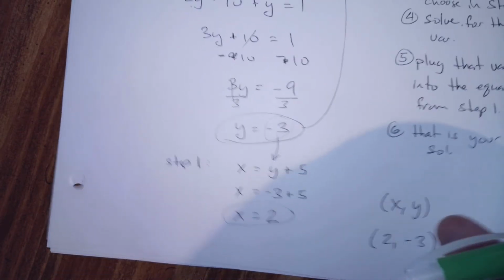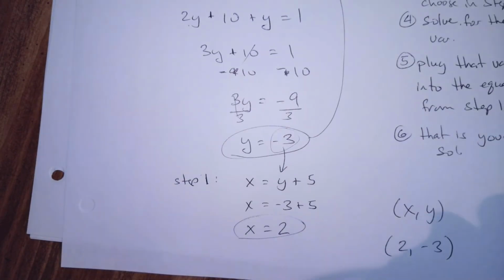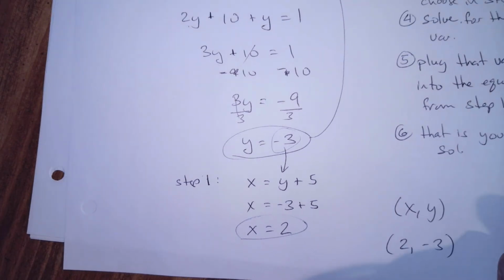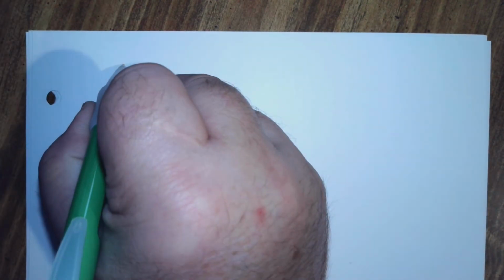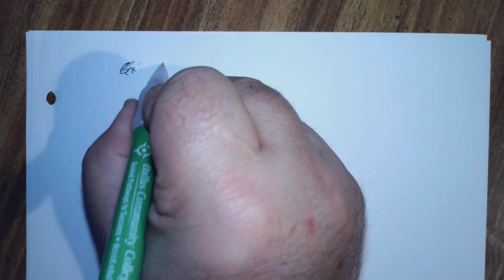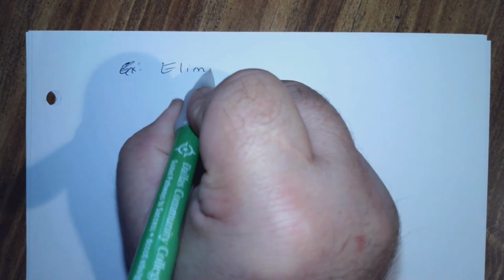So that's substitution. We take one equation, solve it for a variable, and plug it in place of the variable in the second equation. So we're using both equations to get the same value. Now we use elimination.